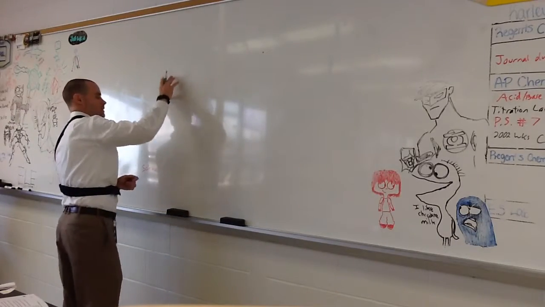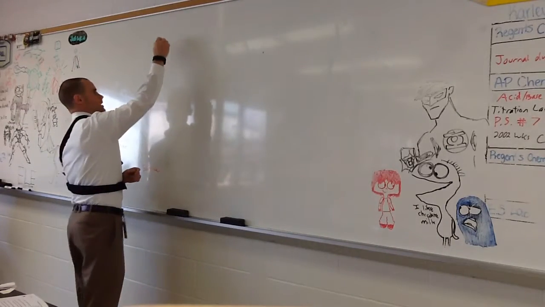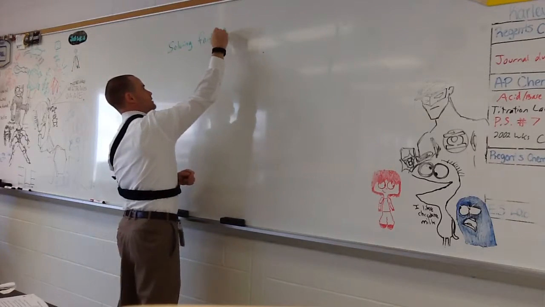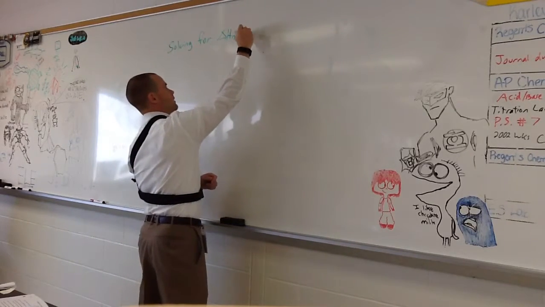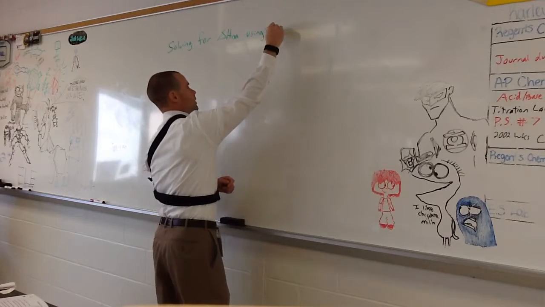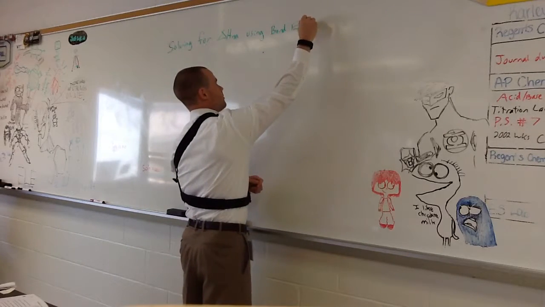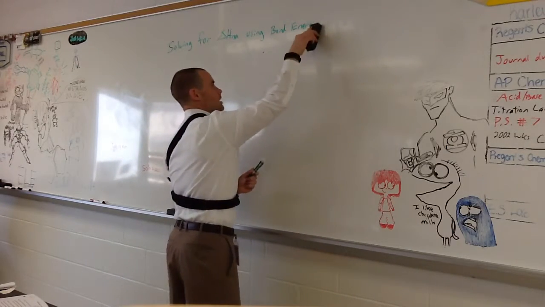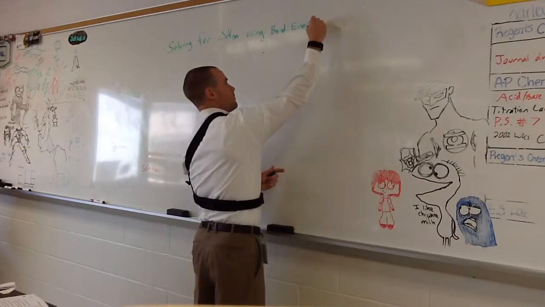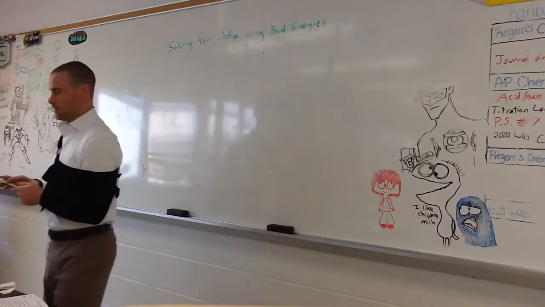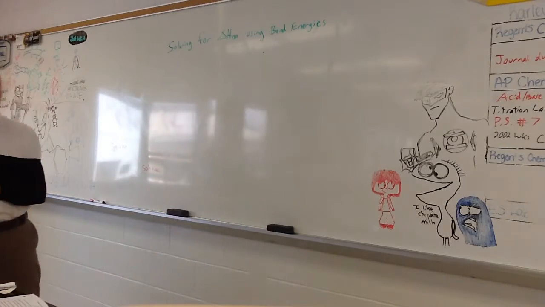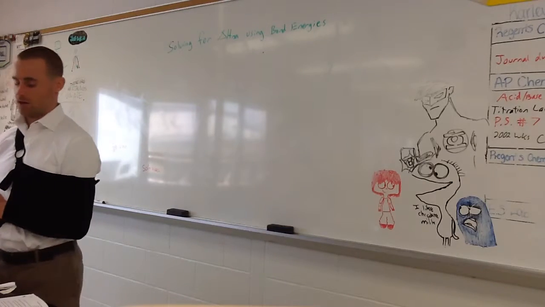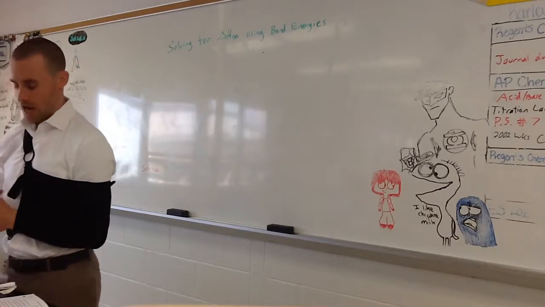So in our notes, again, before we get into delta G, solving for delta H of reaction using bond energies. What we did the past couple days was Hess's law, calorimetry, and different ways to solve for delta H using the heat of formation or using multiple reactions.